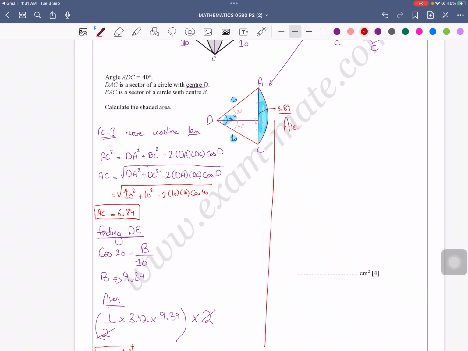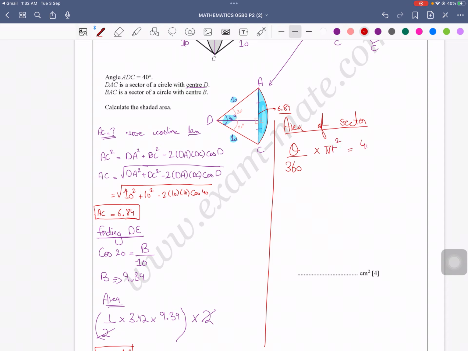We find the area of sector using the formula theta over 360 into pi r squared.